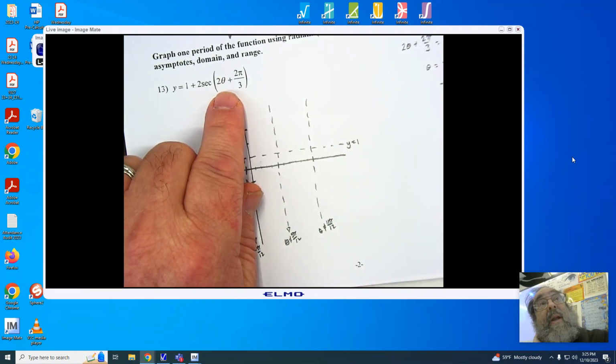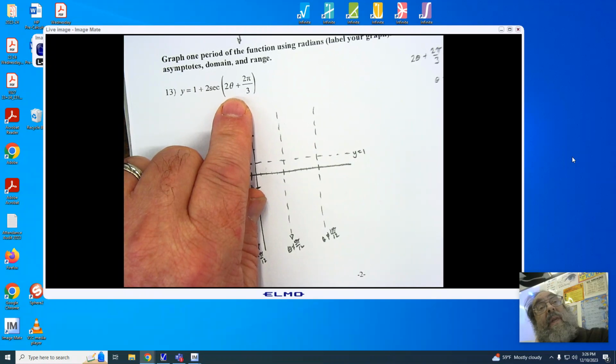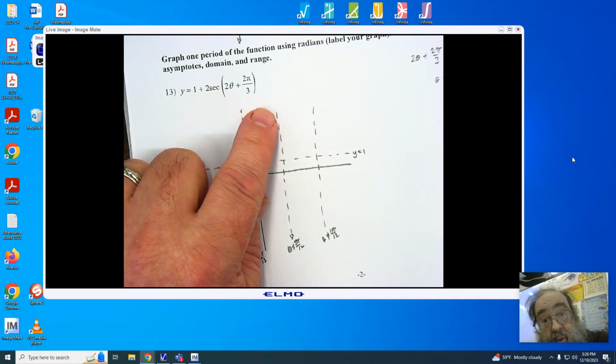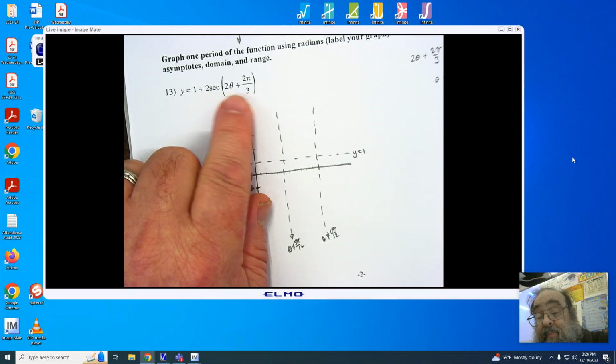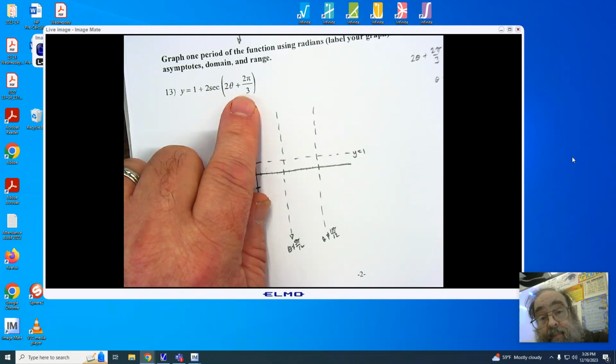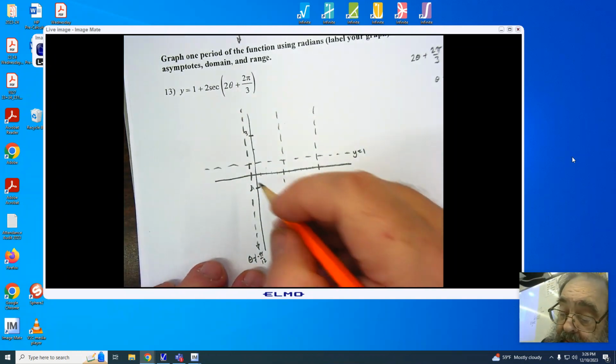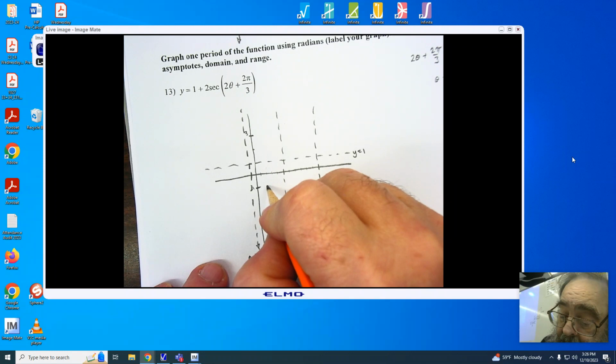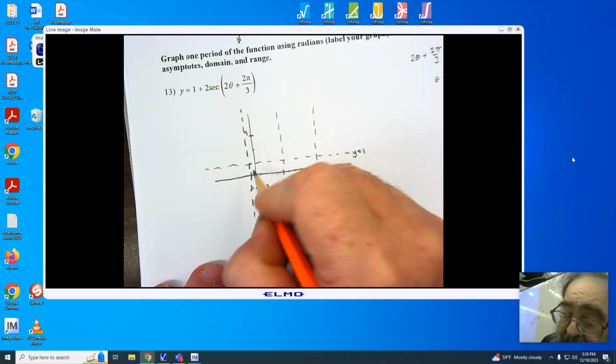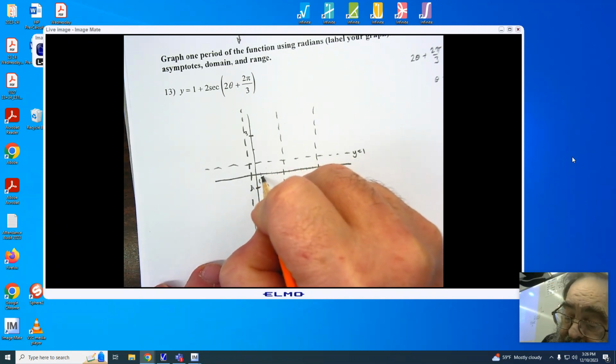Pi over 6 times 2 is pi over 3. Pi over 3 plus 2 pi over 3 makes 3 pi over 3, for 1 whole pi. And we know the secant at pi is negative 1. Negative 1 times 2 is negative 2. Negative 2 plus 1 makes negative 1. And right there is my first point at pi over 6, negative 1.